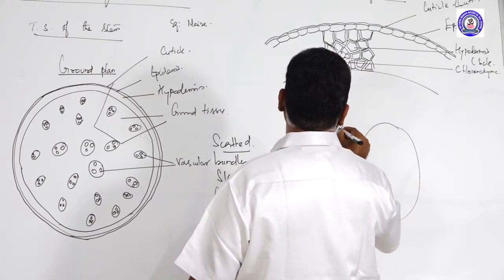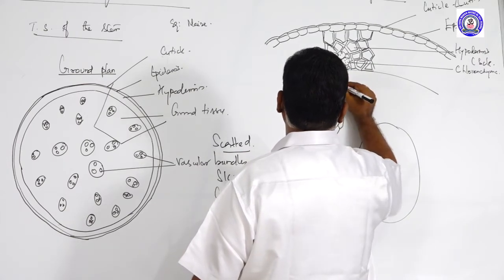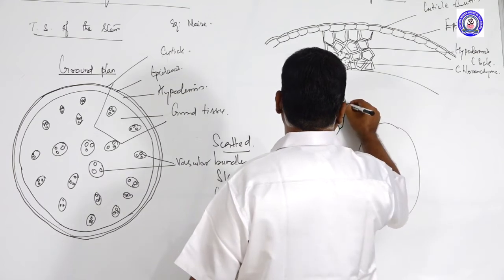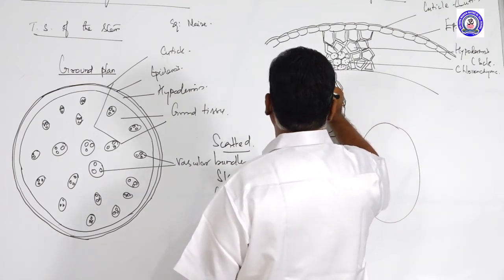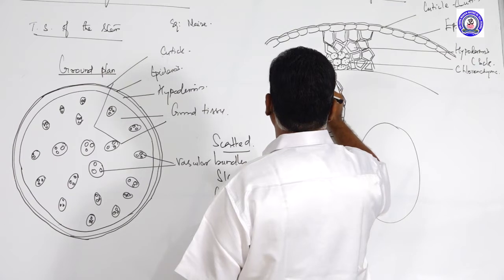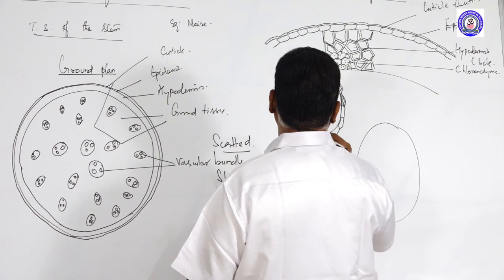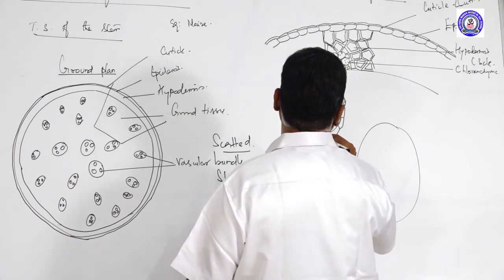Sclerenchymatous bundle sheath. Bundle cap is not present. Instead, bundle sheath is present.